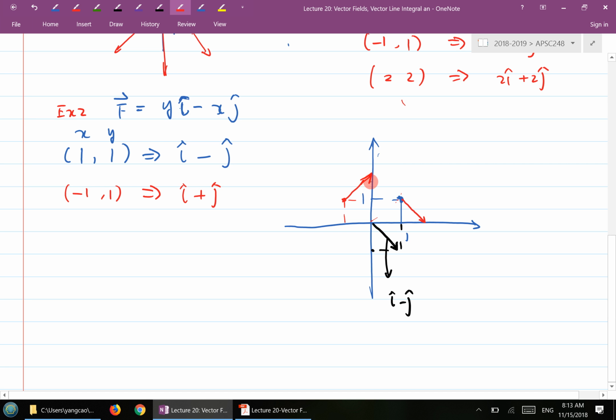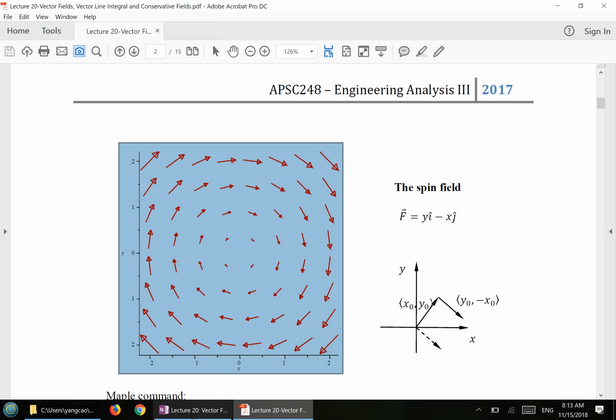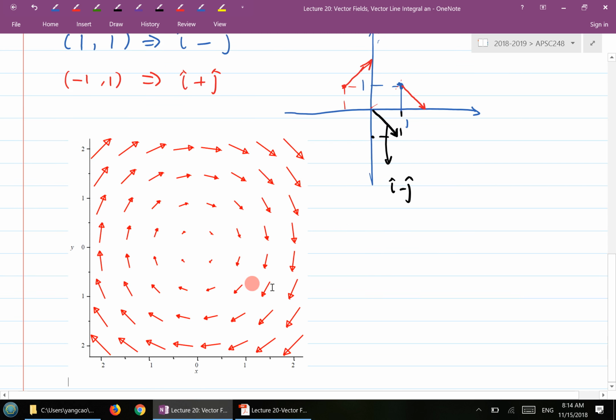So plot as many as possible, okay? After you plot them, you'll see you get a vector field like this. It's very much like a swirl of water flow here, right?